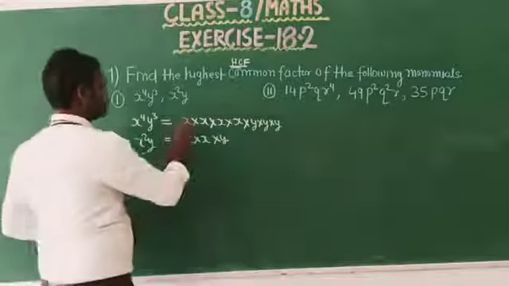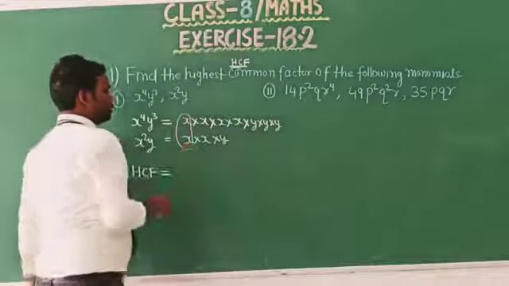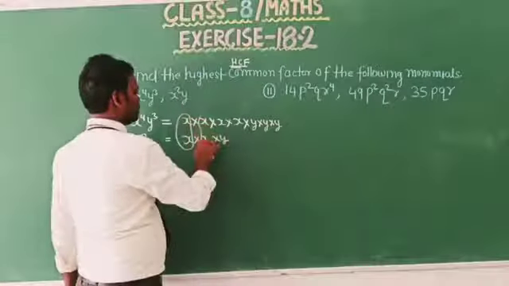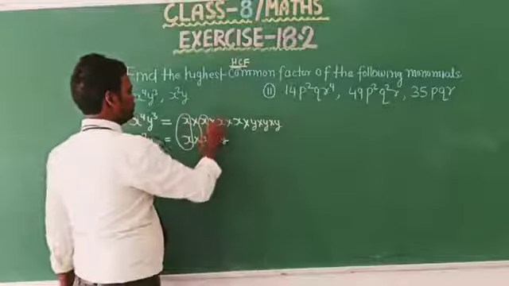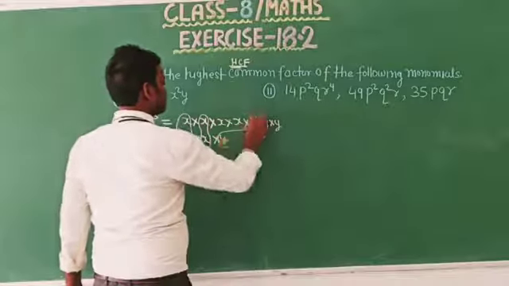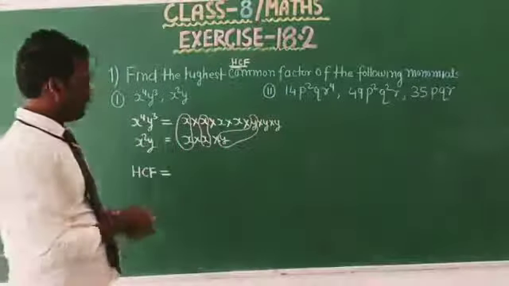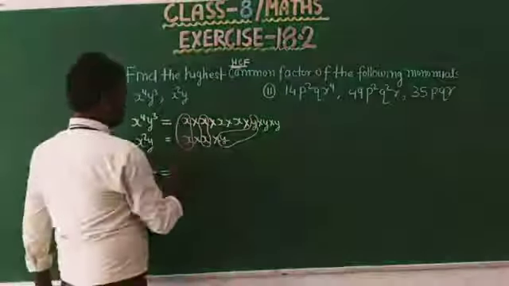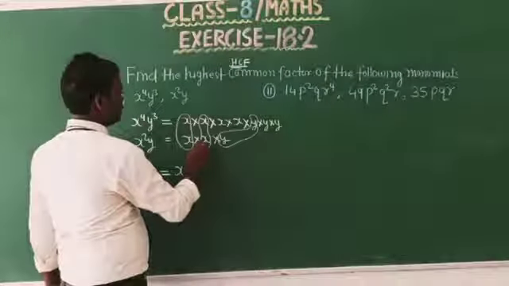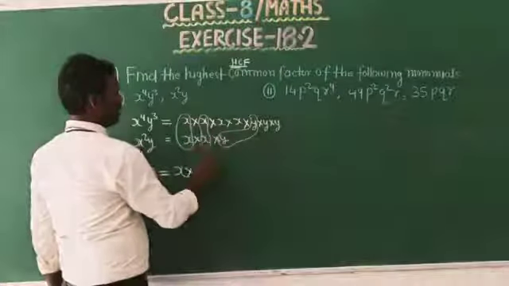This will be taking out the common terms in both the factors. Okay, so here we find x as common, 1x, 2x, and 1y.